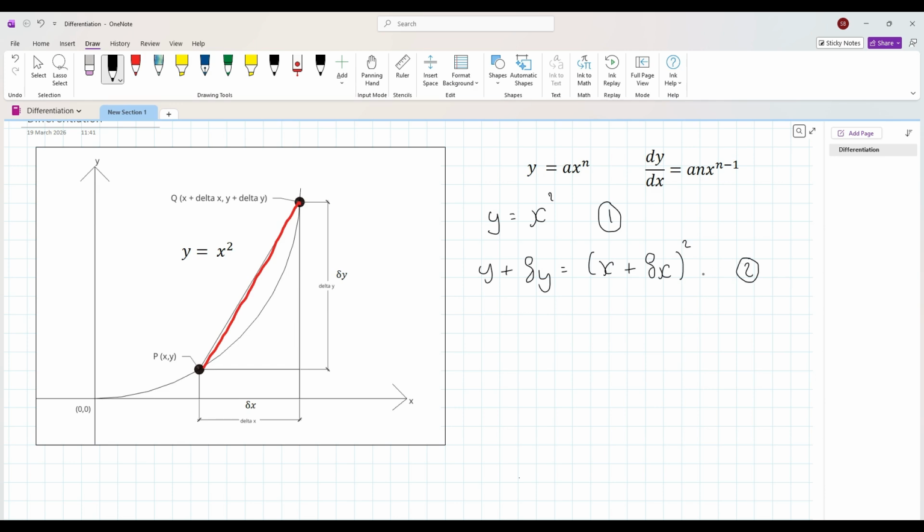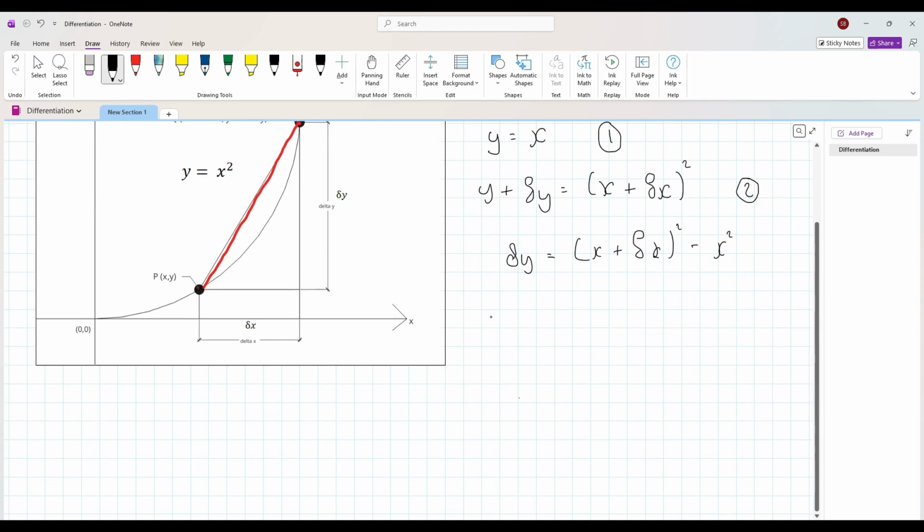Next, let's subtract equation 1 from equation 2. So y minus y eliminates the y, so we're left with delta y equals (x plus delta x) squared minus x squared.